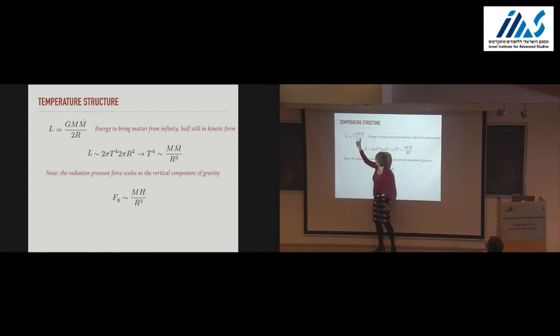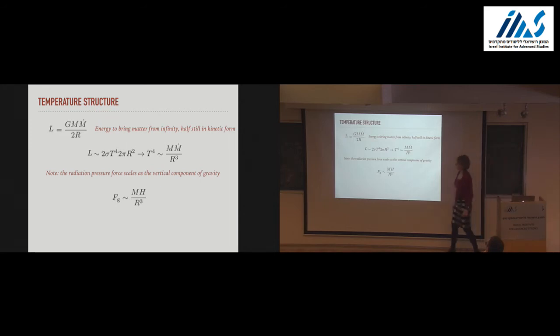So it's GM over r times the rate at which mass flows to r. And then there is this 1/2, because only half of the potential energy goes into heating. The other half remains in kinetic energy.